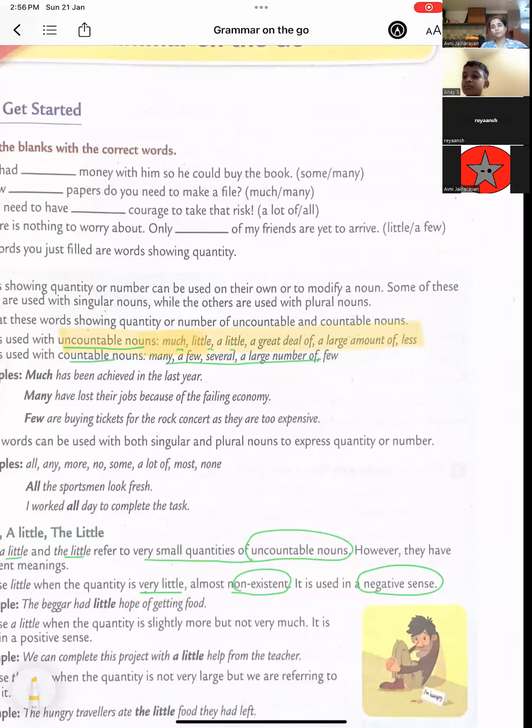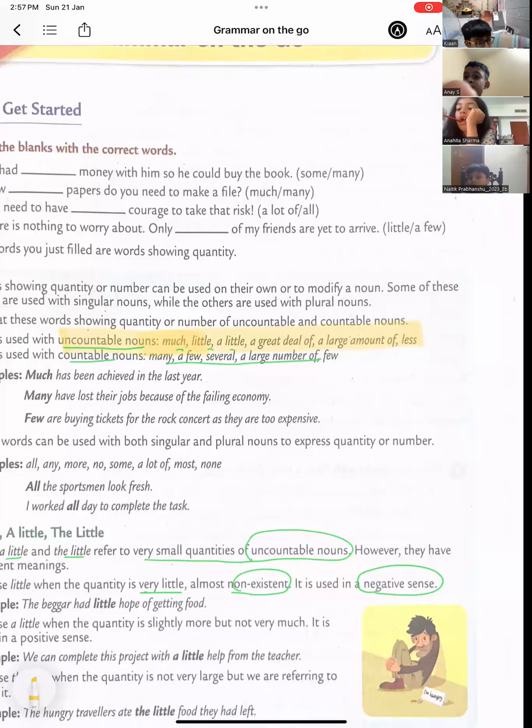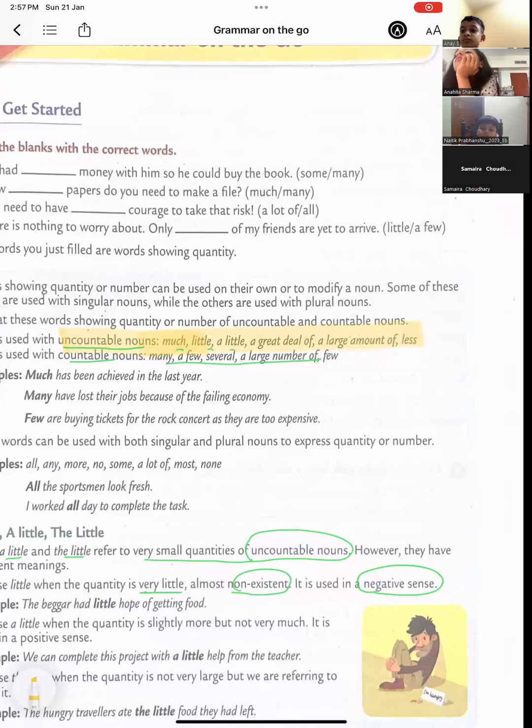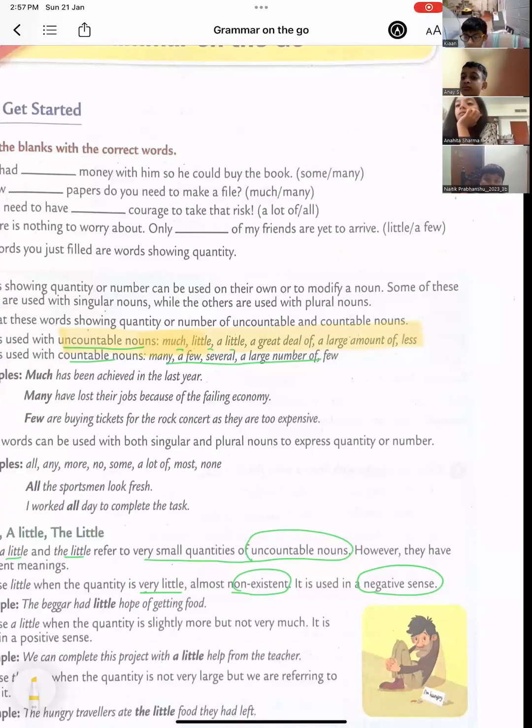Try it out. Ma'am, can I say? Yeah, try. Kids, it's very important. I want you to use this scenario, make a sentence, and type it in the chat box. Please, Samaira, everybody, Naitik, go ahead. Yes, Anvika?